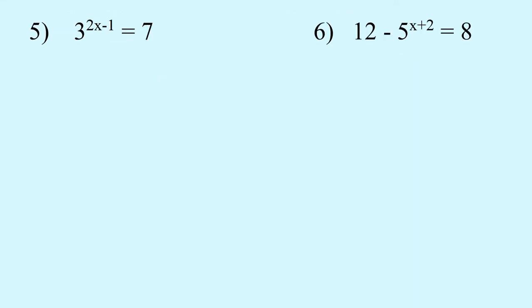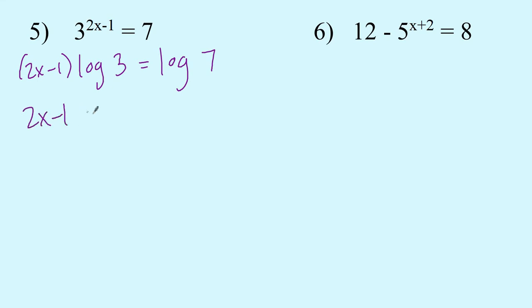All right, changing it up some. Same as always, put your exponent out front. So we have log 3 equals log 7. Divide your log. So you get 2x minus 1 equals log 7 over log 3.